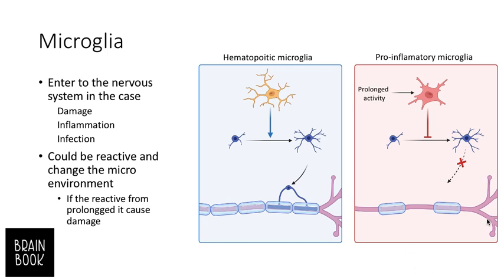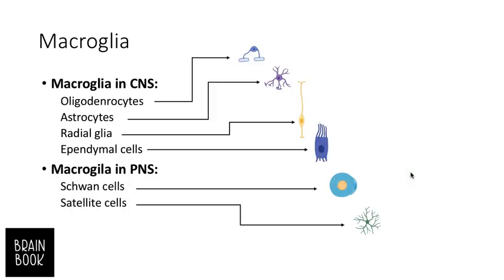And thus we will face damage in the central nervous system when we have a prolonged activity of microglia cells, and in this case they are considered pro-inflammatory microglia.